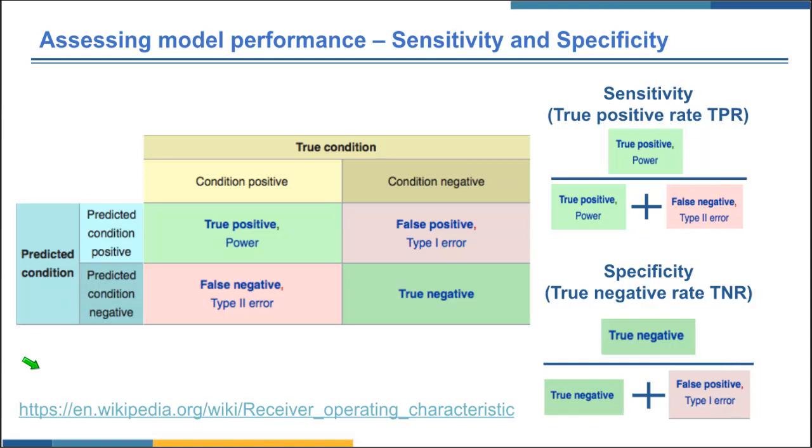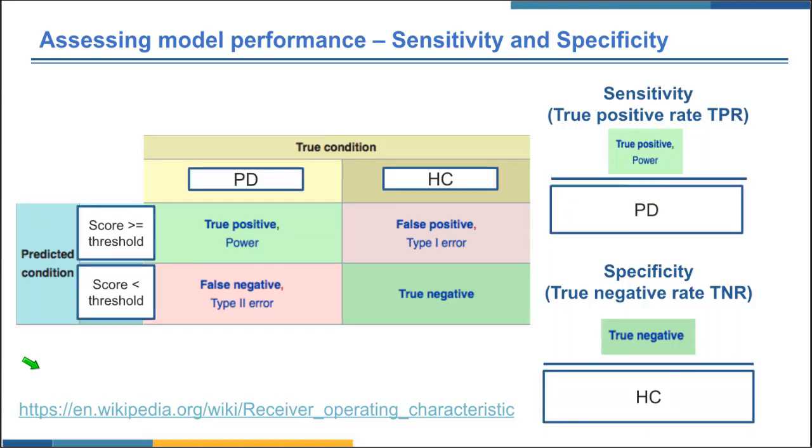So here is from Wikipedia, how we define model sensitivity and model specificity. In order to help you understand, I will make this closer to our talk today. For the true condition, we already know who is in the PD group, the PD patients, and the healthy controls.